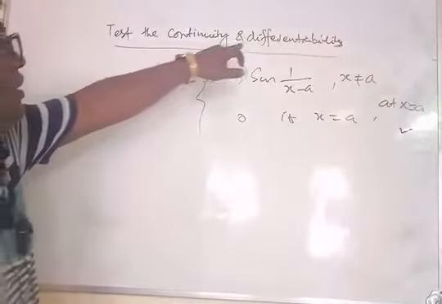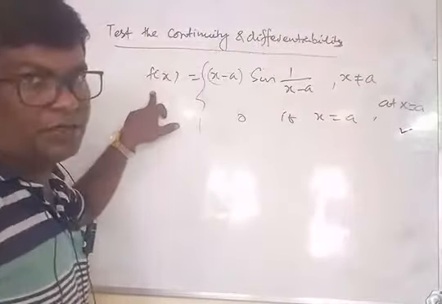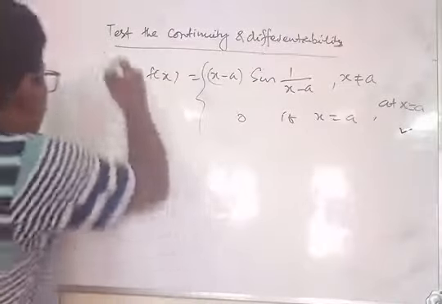Test the continuity and differentiability of f(x) equal to (x − a) sin(1/(x − a)) if x is not equal to a, and 0 if x equals a, at x equal to a. This is question number 3.